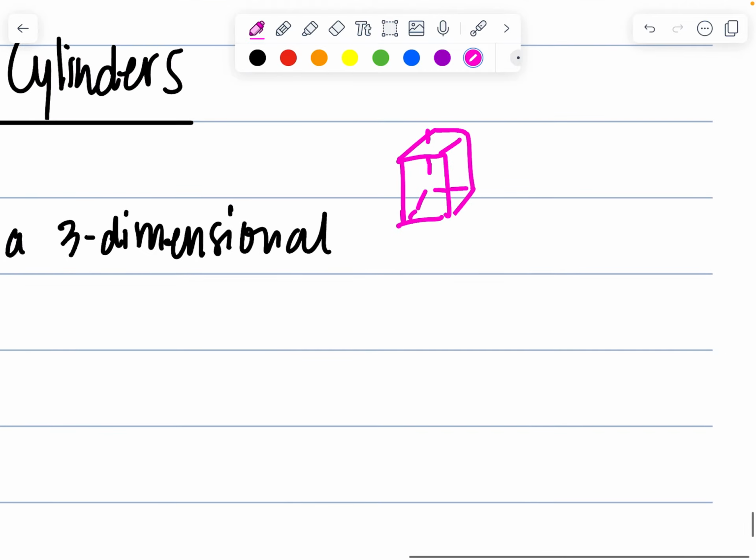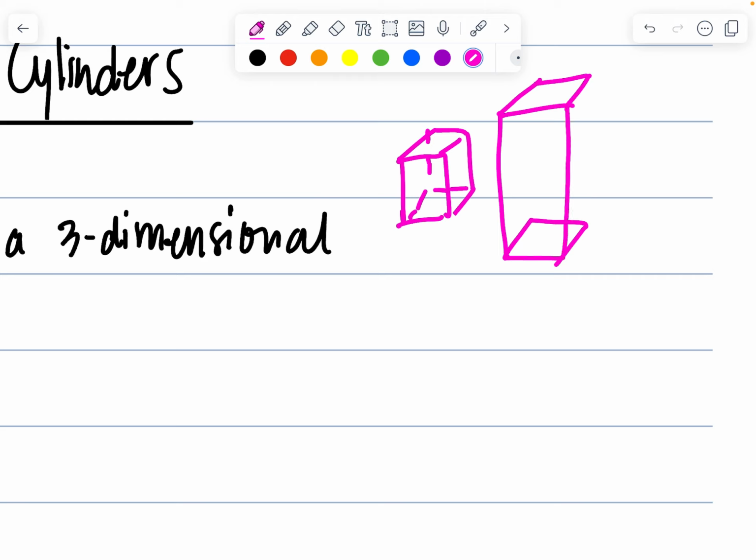Now, if it's a rectangular prism, for instance, if we have some kind of longer piece, then obviously it wouldn't be times 6. We would solve each side individually, and actually there's a nice formula for it.